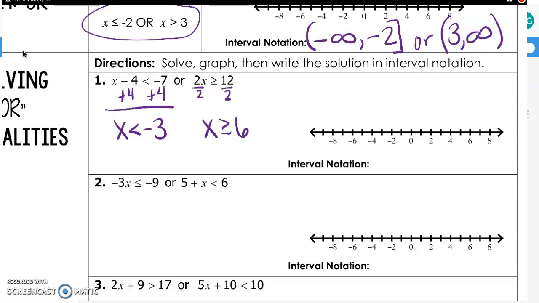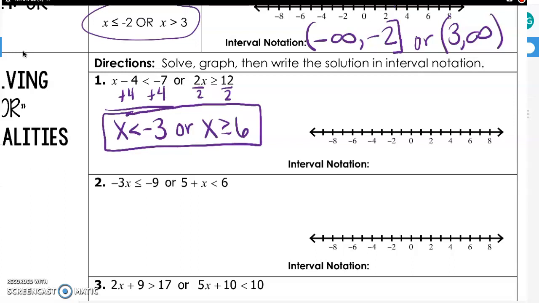Since these are in the correct order, what I mean by that is your smaller numbers on the left, -3, and your bigger numbers on the right, which is 6, you can just write "or" in between, and that is your answer. If those are flipped around, then you need to flip them around for your answer.